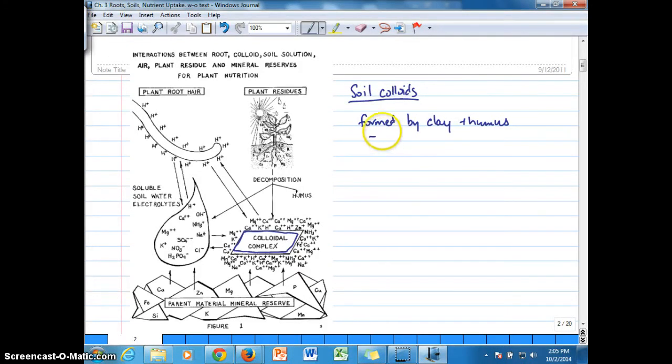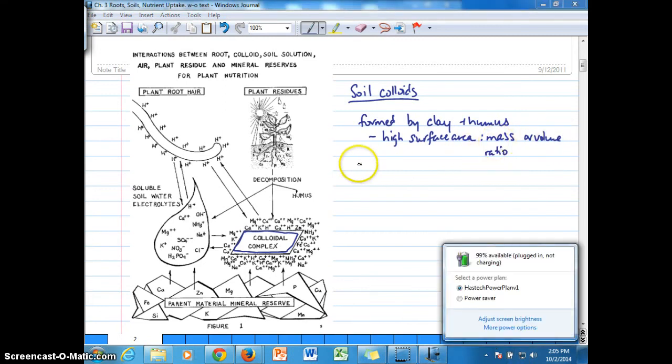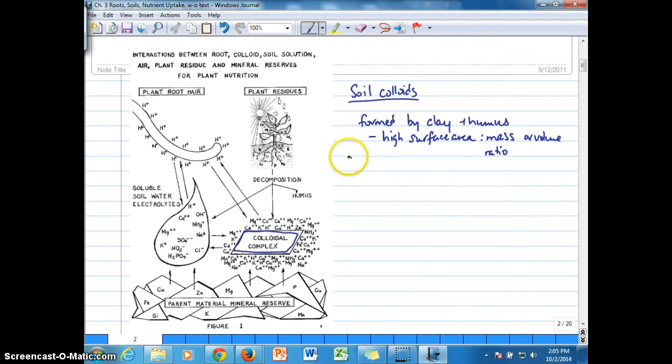So because of that, each of them have a high surface area to mass or volume ratio. And so the question is, what are the benefits of that? What is the benefit of having a high surface area to mass or high surface area to volume ratio in the soil?